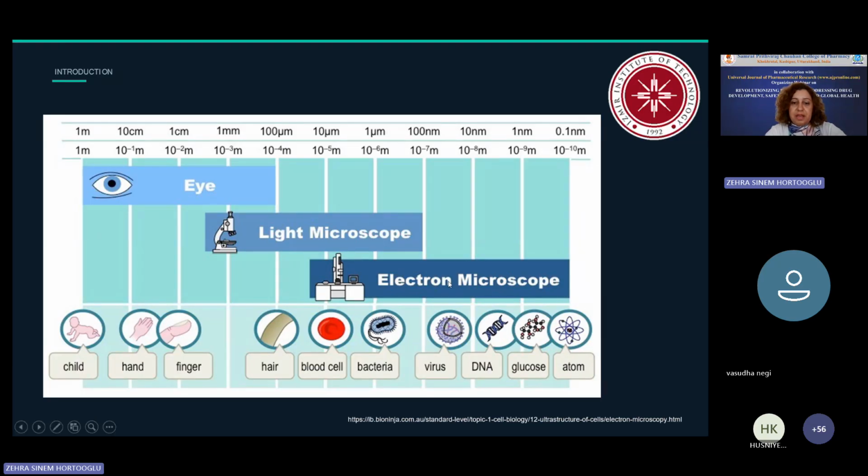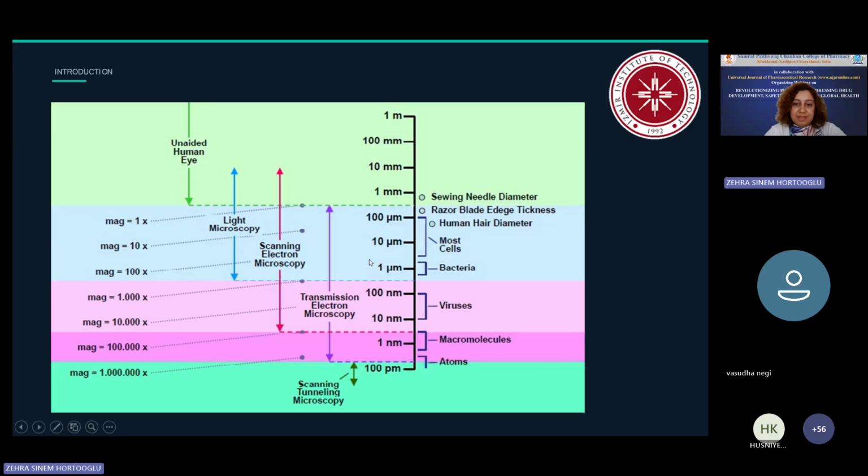In this other picture, with the scanning tunneling microscope we see atoms at 100 picometers, which is very little. With the transmission electron microscope we also see atoms, for example fingerprints.